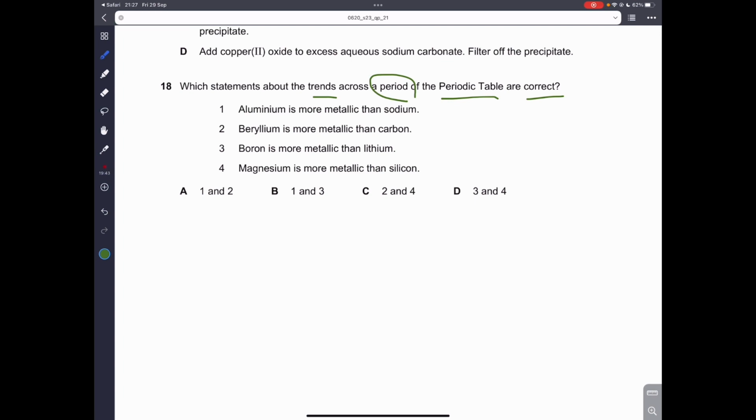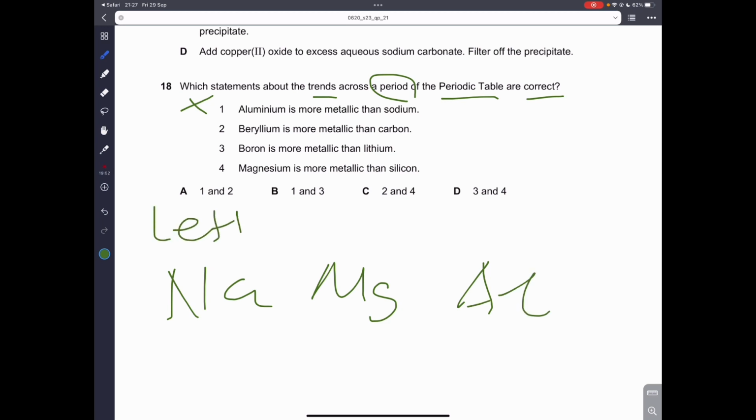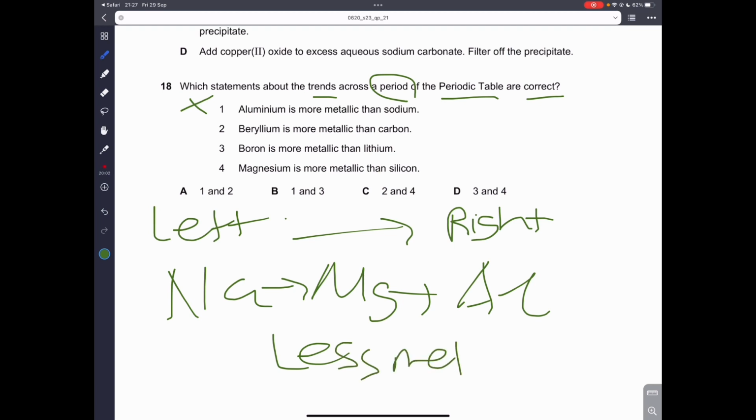Number 1 is obviously wrong because remember sodium, magnesium, aluminum, we are going from the left side. In this period, as you move from left to right, they get less metallic characters and show more covalent characters. So statement 1 is wrong.